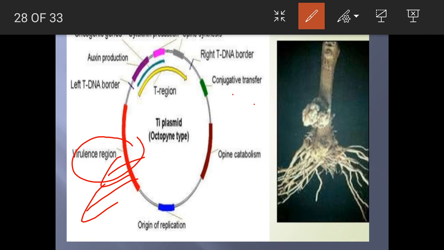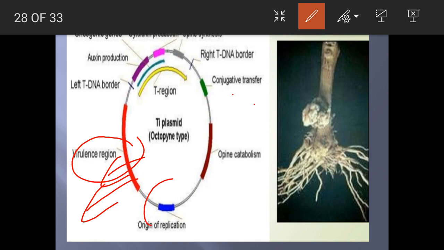Whenever there is a wound, the plant tissue secretes the chemical called acetosyringone. This acetosyringone triggers the expression of the virulence genes, which in turn help in the transfer of the tDNA into the host. So this is about the virulence genes present in the Ti plasmid.